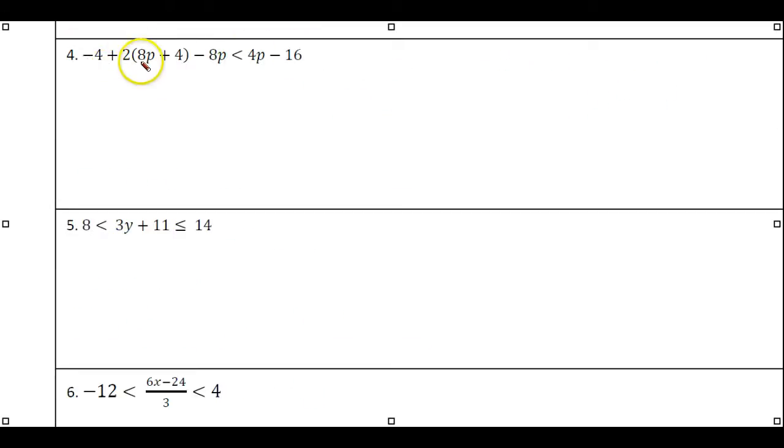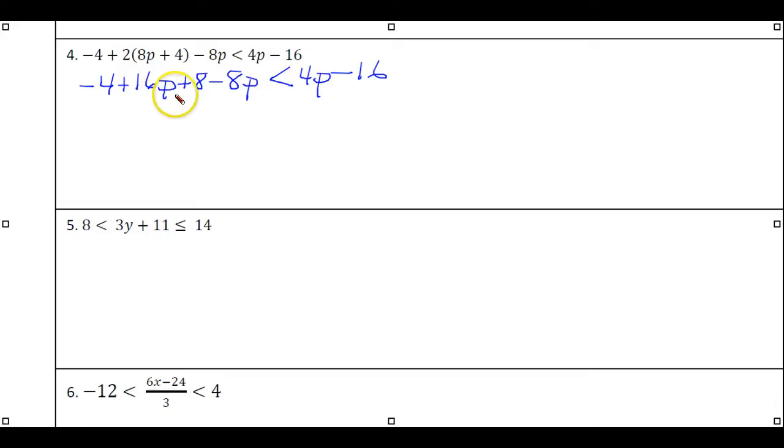Now, for these, you can just work along with me. We have to rewrite, get rid of the parentheses. So negative 4, 16p, distribute, plus 8, negative 8p is less than 4p minus 16.